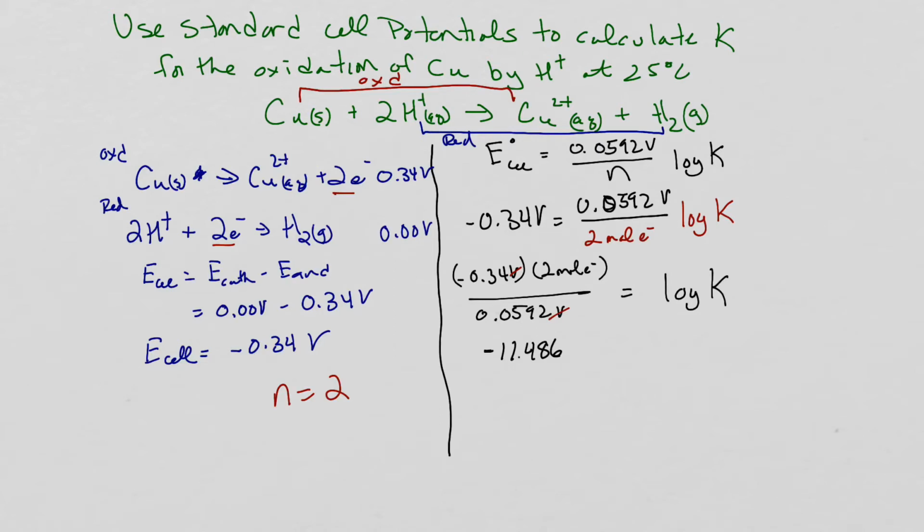And so we just get negative 11.486 equals log of K. Now remember, to get K here, we take the inverse log, or 10 to the negative 11.486 will give me K. And so if I do that, I get 3.3 times 10 to the minus 12 equals K.